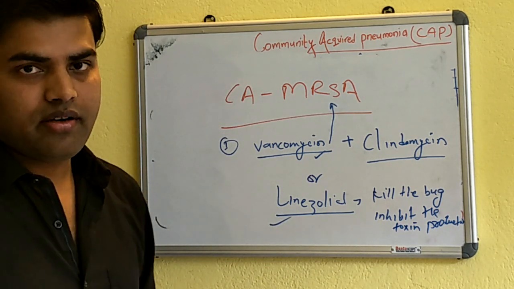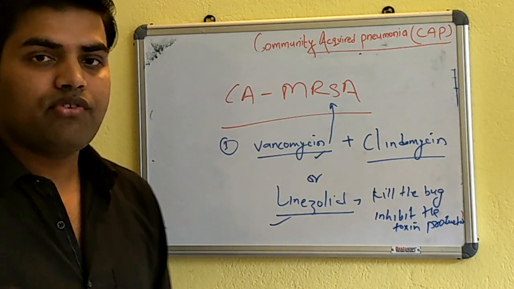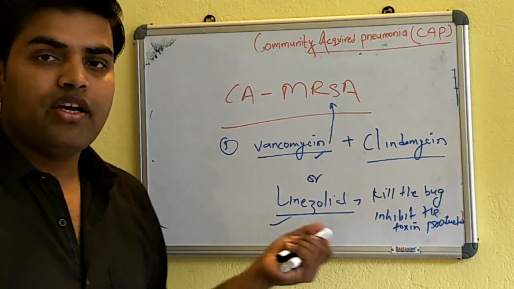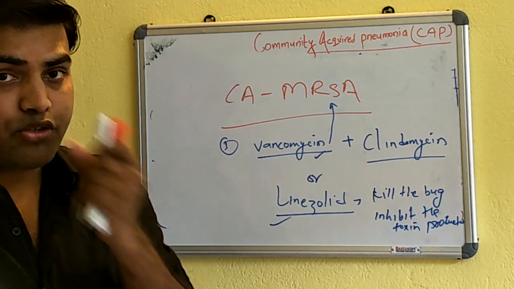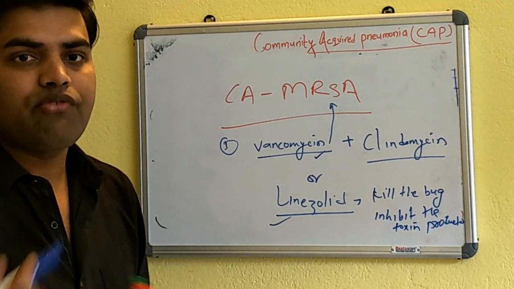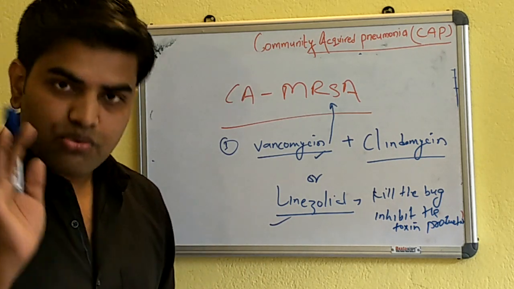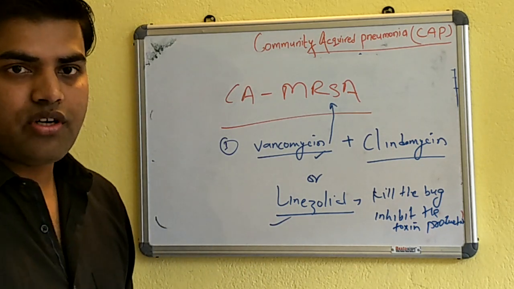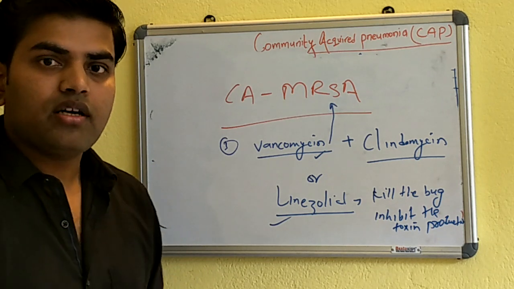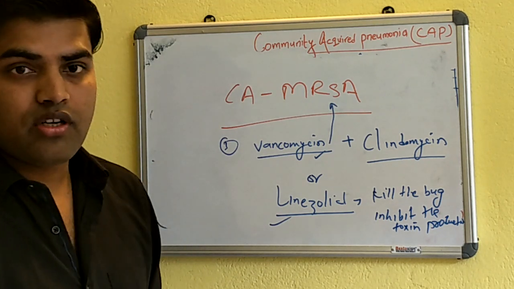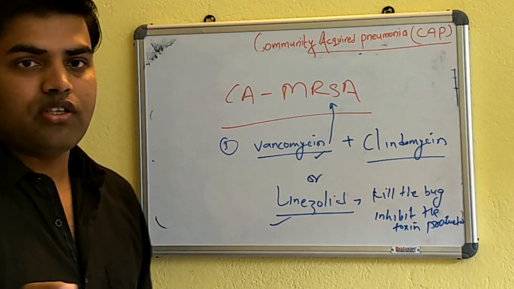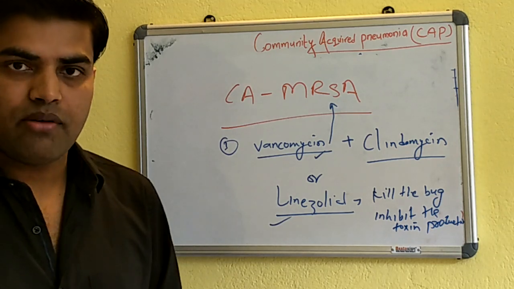That is very bad, because next time, after completing the course, when he or she comes back, there will be resistance to linezolid, so it will be difficult to treat the drug-resistant TB. And be sure, we have managed a lot of drug-resistant TB in Vedanta, and it is very difficult for the patient as well as the physician to manage.